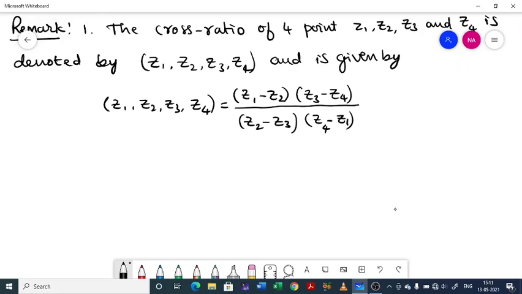So this value is called the cross ratio of z1, z2, z3 and z4.